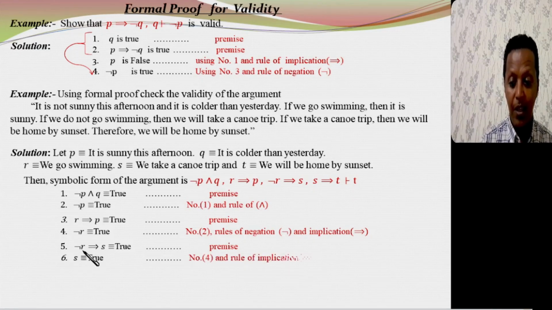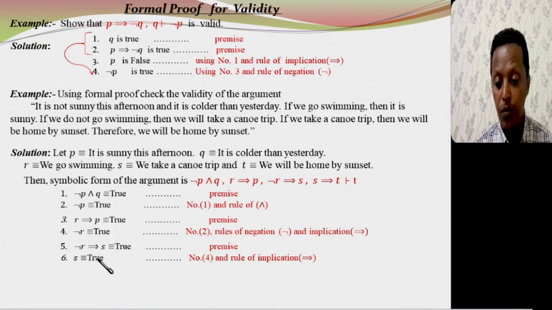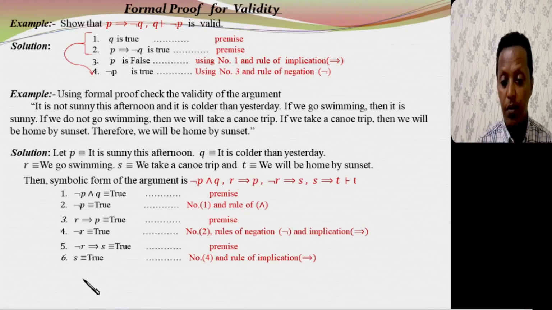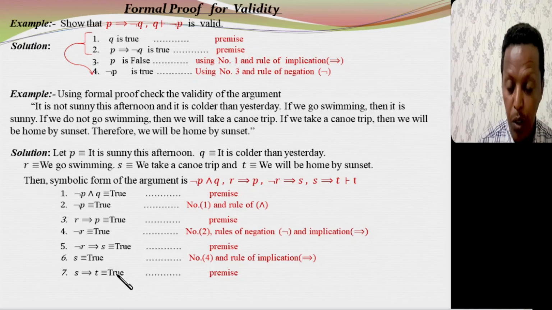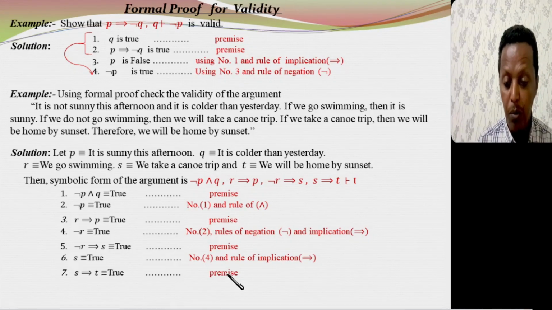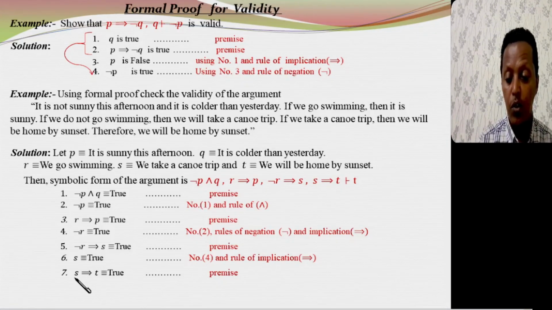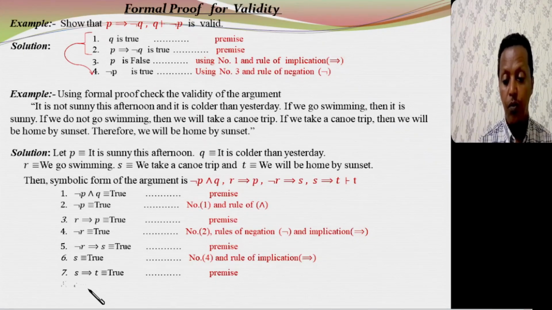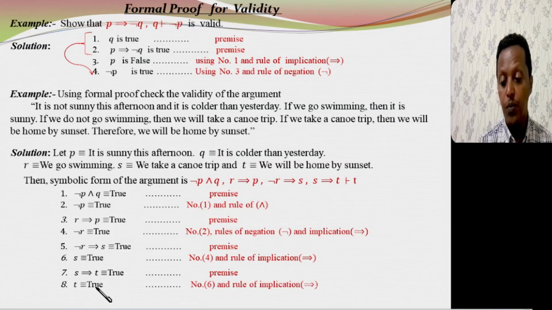Otherwise, the third premise will not be a true statement. So if S is true, then in order for S implies T to be true, which is the fourth premise, since we know S is true, T has to be true. The only option for T is true.